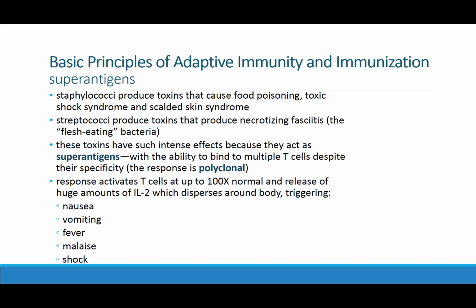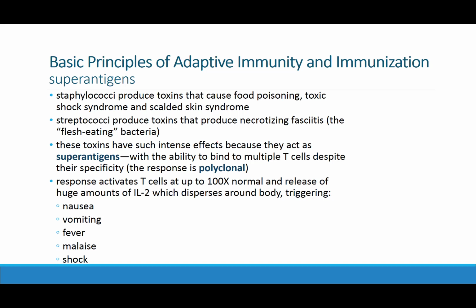And streptococcus produces toxins that cause necrotizing fasciitis, the flesh-eating bacteria that we hear about. Necrotizing fasciitis is something that, say, MRSA, methicillin-resistant Staphylococcus aureus, produces, where people can lose limbs and big chunks of tissue.